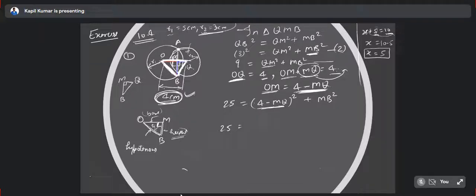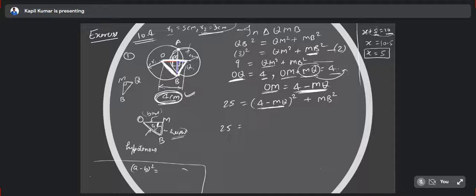Can you expand this? It is like (A minus B) whole square. Do you know what is (A minus B) whole square? No, sir.